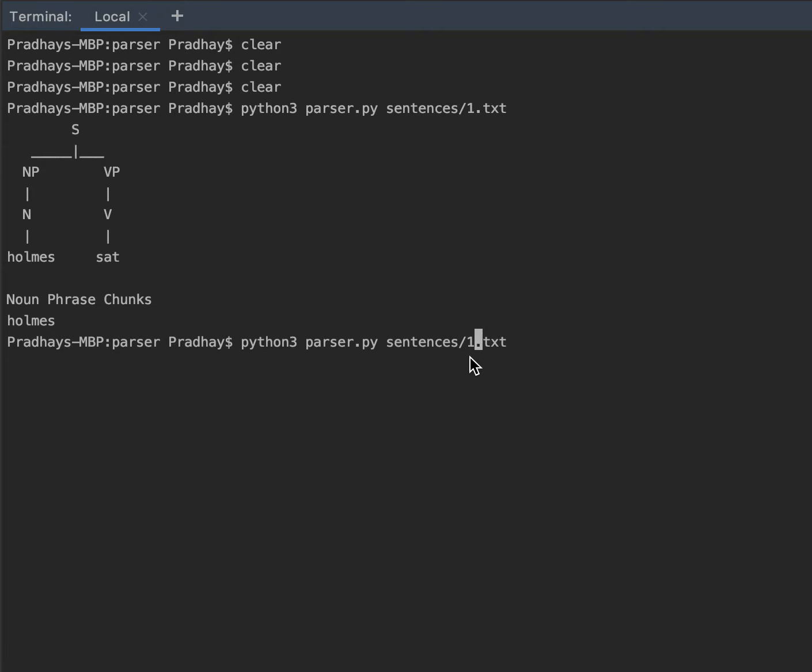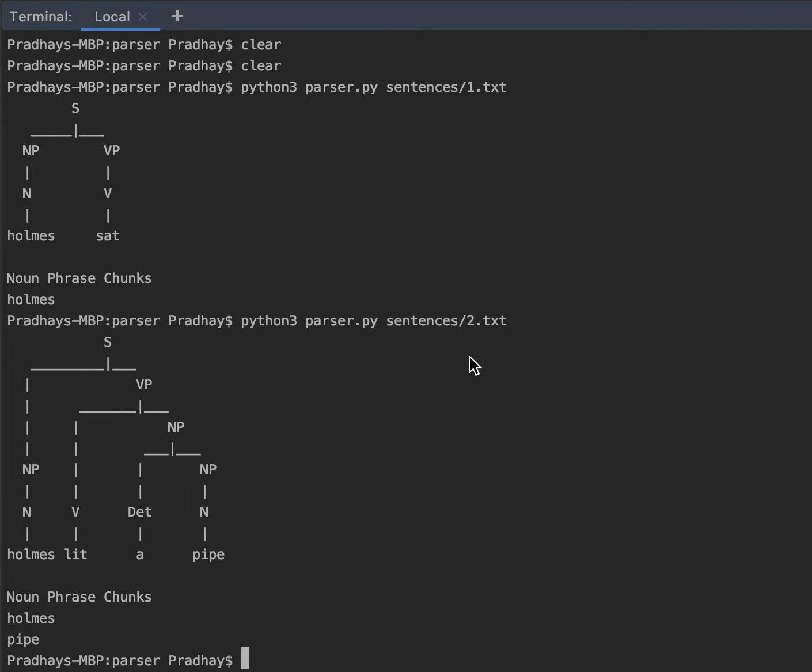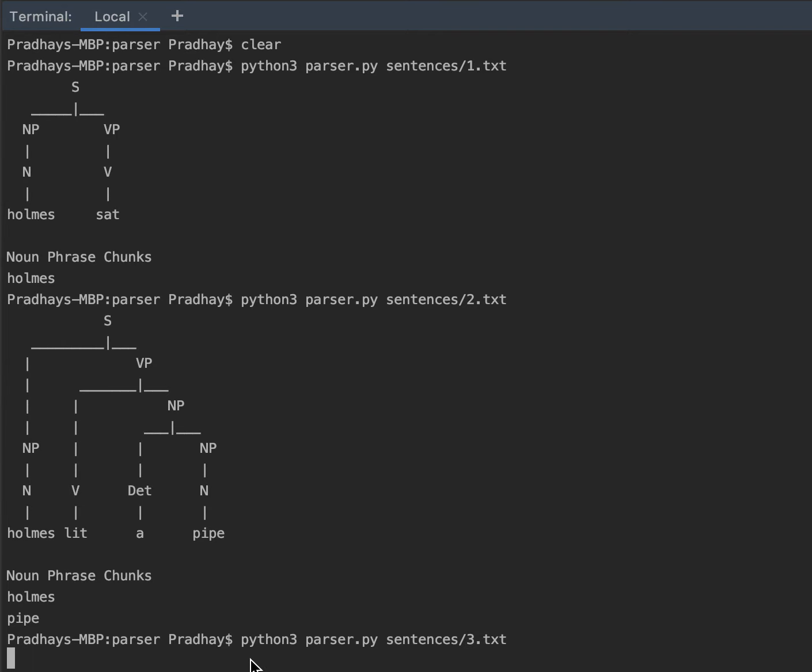Let's do the other one, sentences 2.txt. From here is a more complex tree diagram that we can see. It's sentence, verb phrase, noun phrase, and it's broken down into more subtrees. We see two different noun phrase chunks, Holmes and pipe. Then let's go for another one, sentences 3.txt.